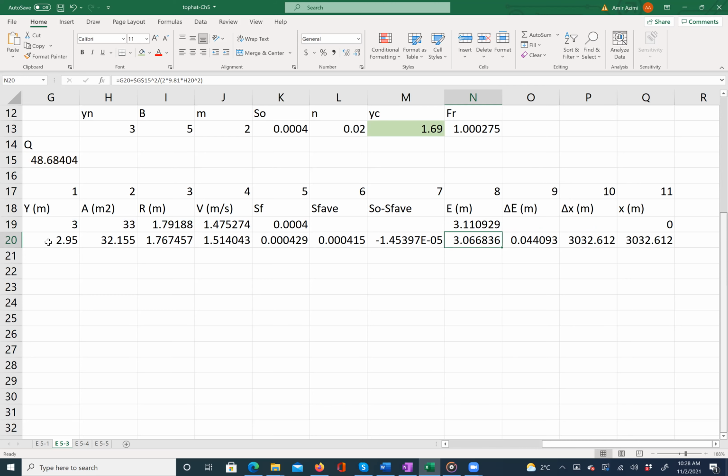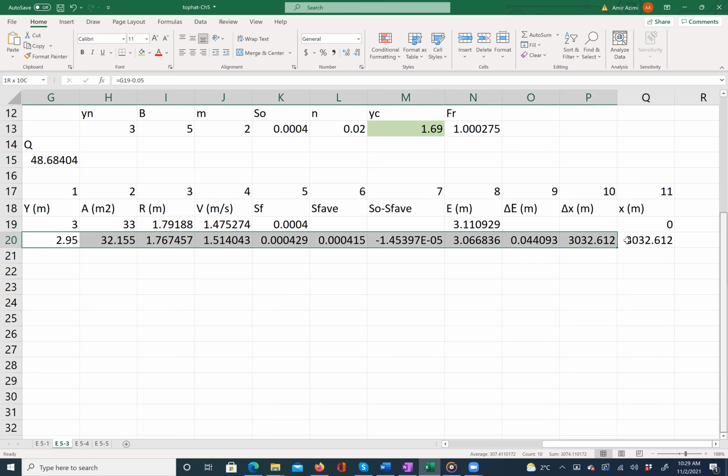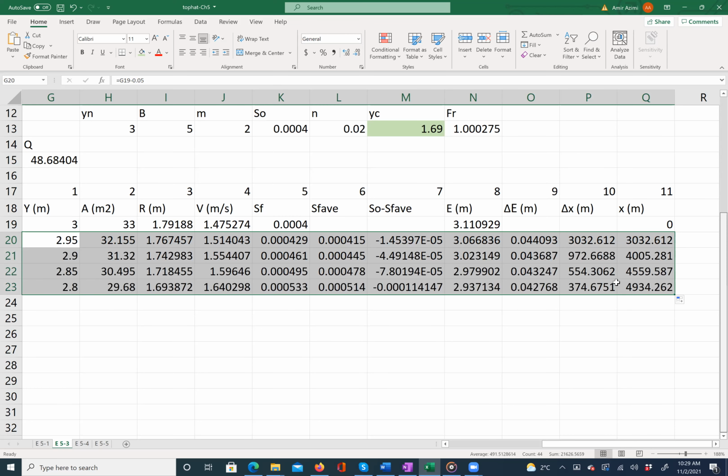Now I'm going to reduce the depth by 5 centimeter. Then we do all the calculation and we'll get the distance. So in order to have a 5 centimeter drop in water level, it takes almost 3 kilometers. And now I can drag all the data to get the distance.